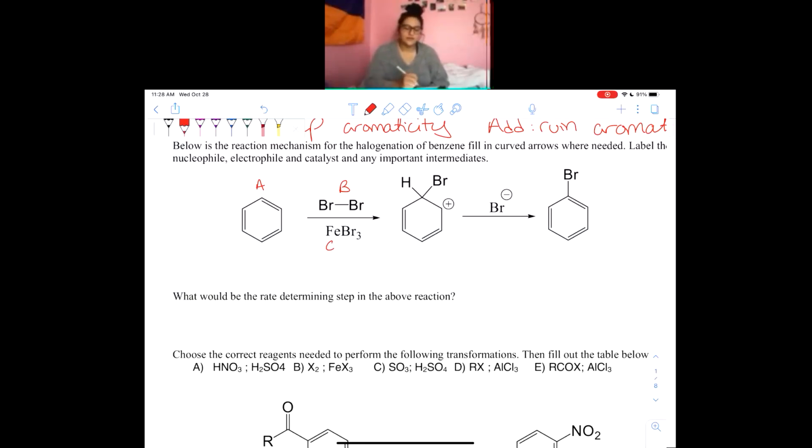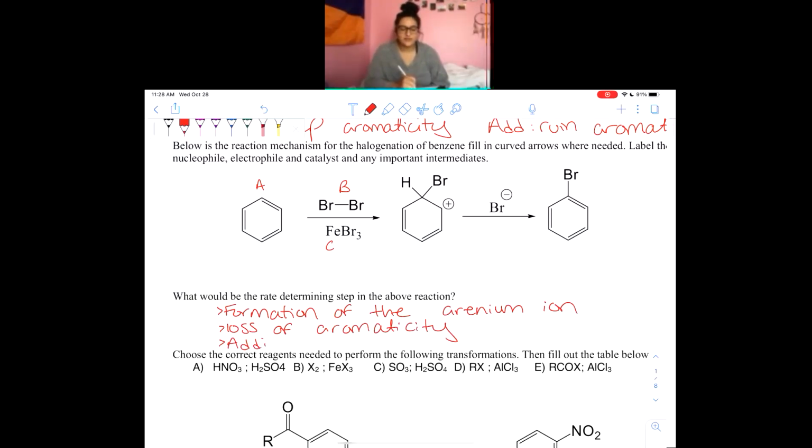So the rate determining step is going to be the formation of the arenium ion, aka loss of aromaticity, aka the addition step. So all of these are referencing the same thing, but there are different ways that he can say this.